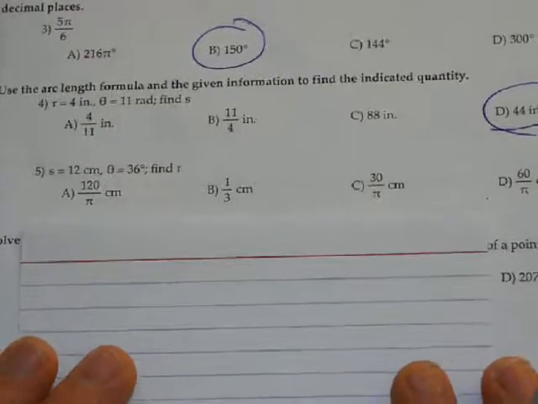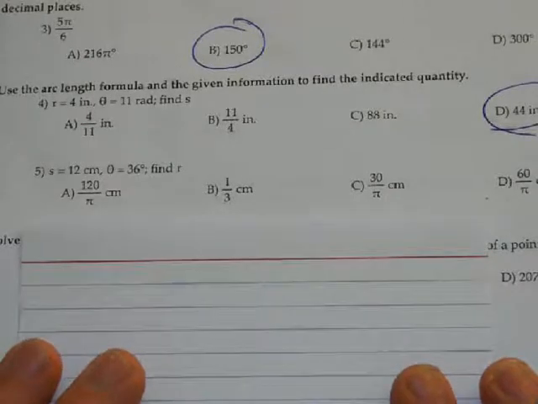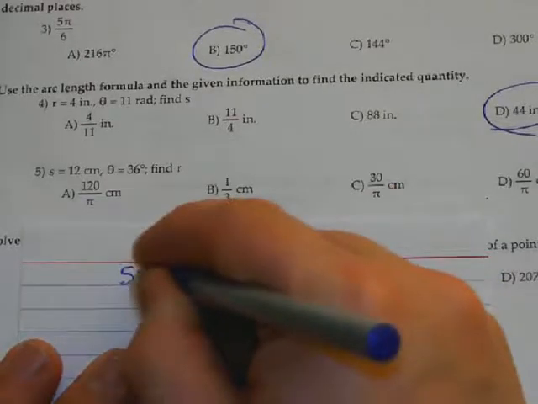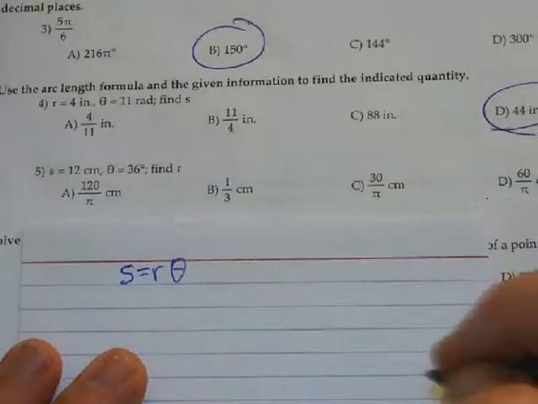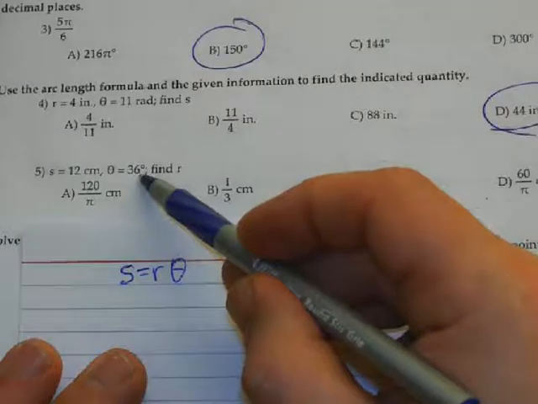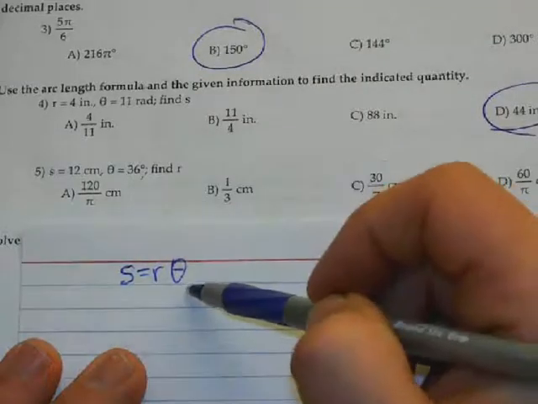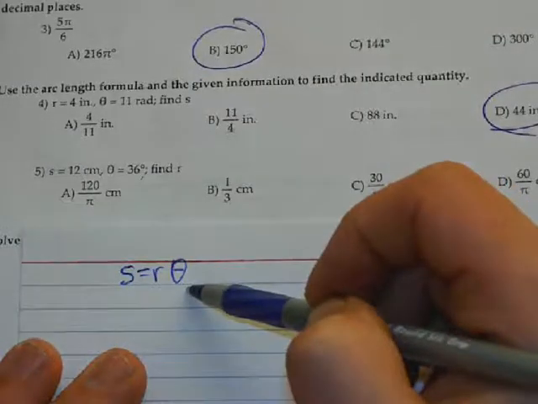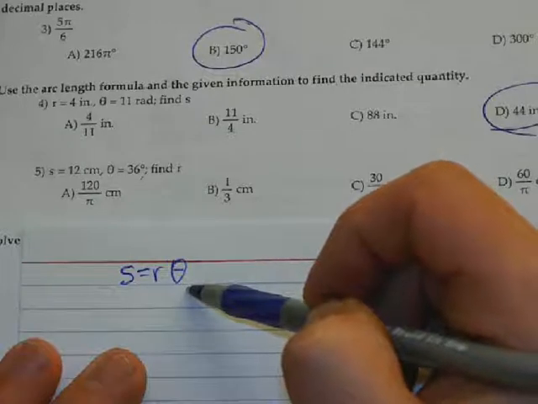Now, in number 5, we're still dealing with arc length. We're still going to use the S equals R theta formula, but notice that our degree measure is not in radians. This formula only works if the measure of the angle is in radians.